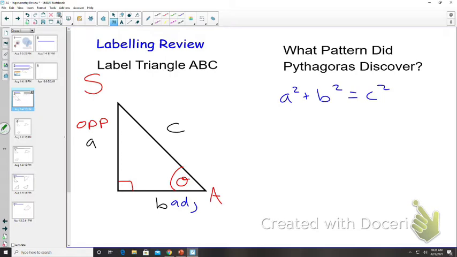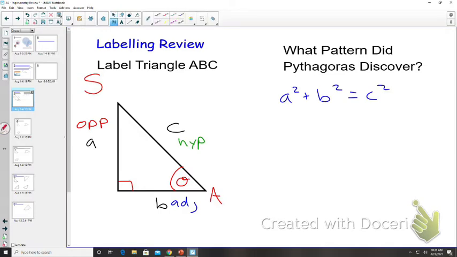What do we call C? The hypotenuse, for sure. So this is the hypotenuse, and the hypotenuse is always across from the right angle. The hypotenuse is also the longest side of a right angle triangle.